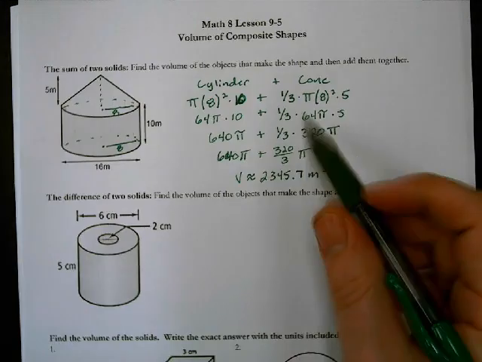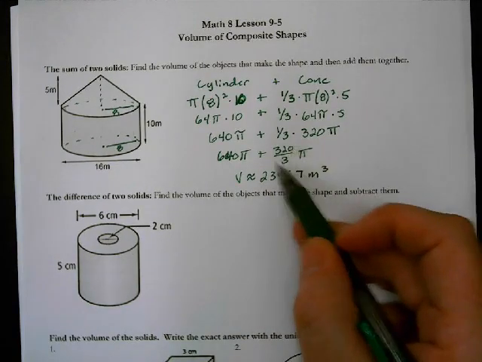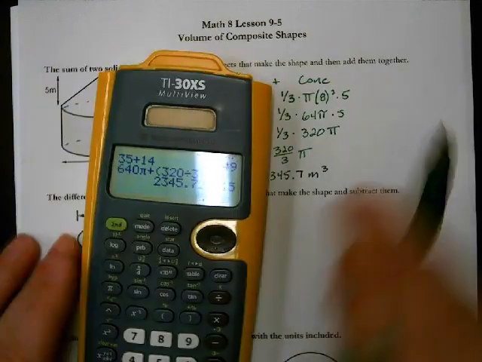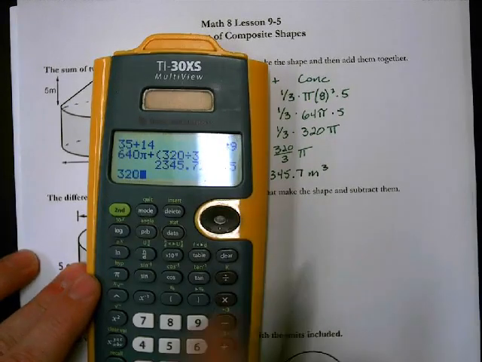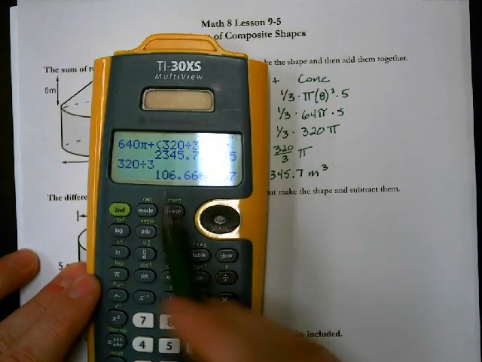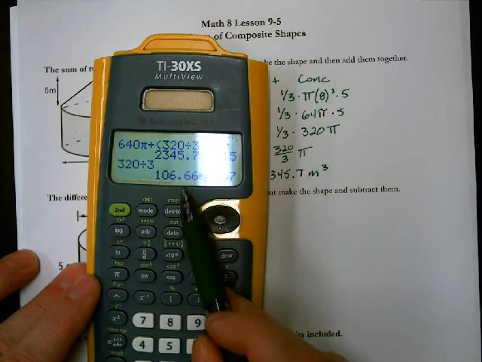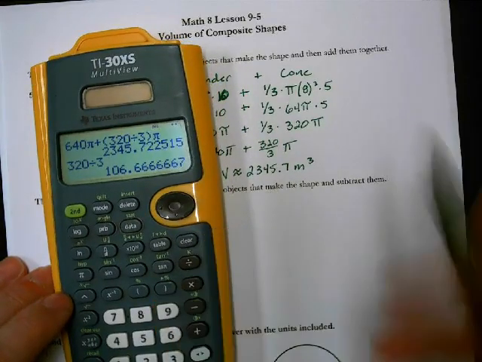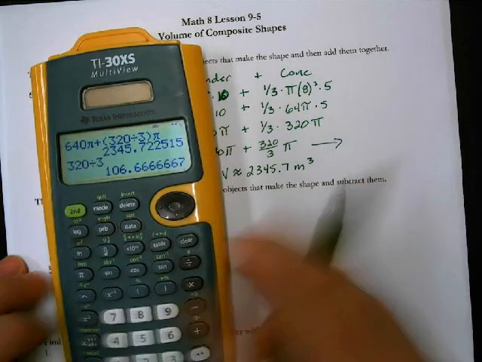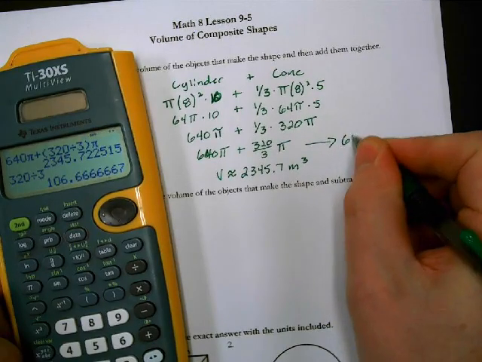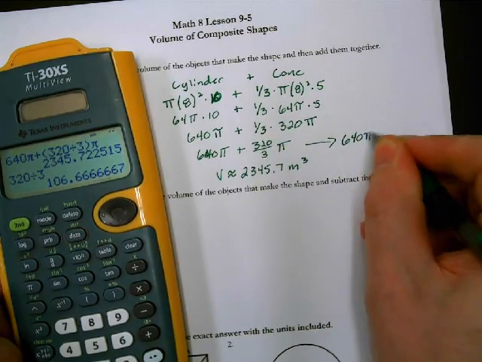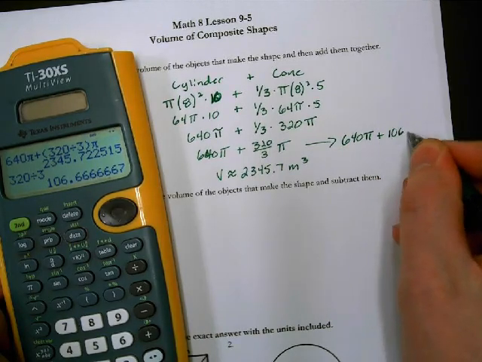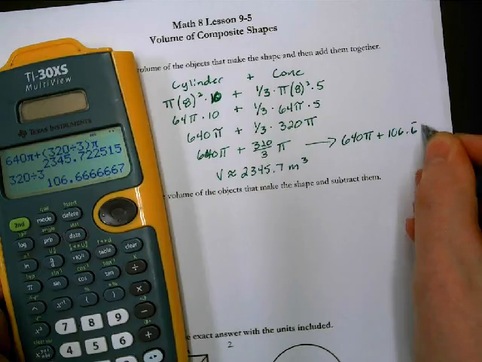If we wanted the exact answer, I'd get a repeating decimal here. If I do 320 divided by 3, I get 106.6 repeating. So what I could have done is 640 pi plus 106.6 repeating pi.